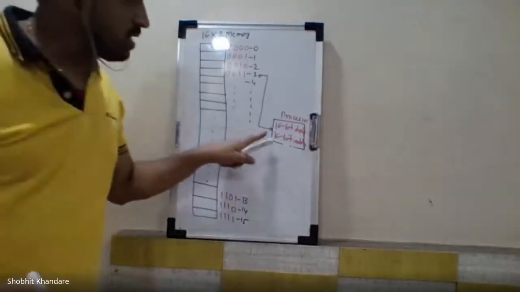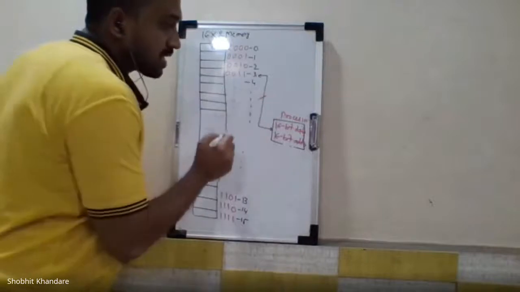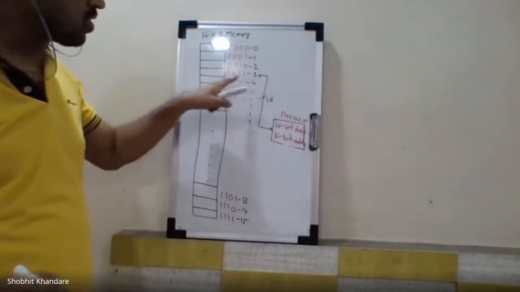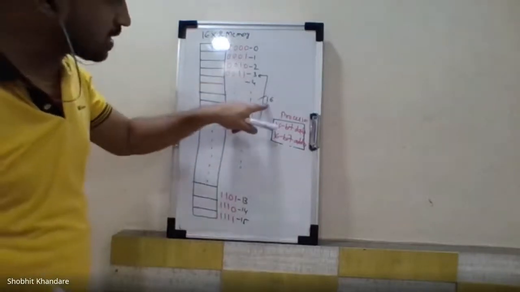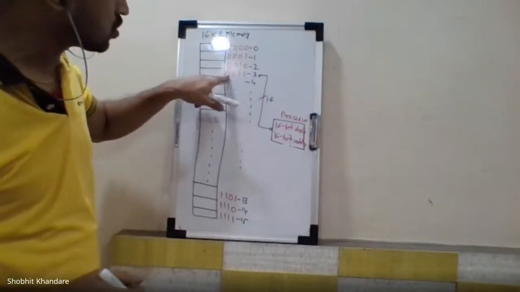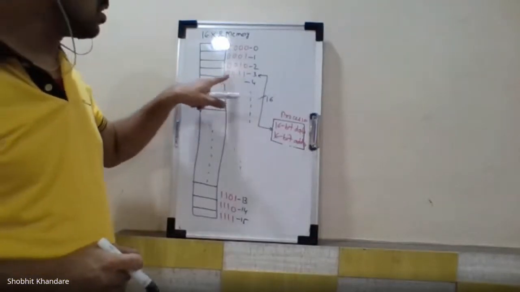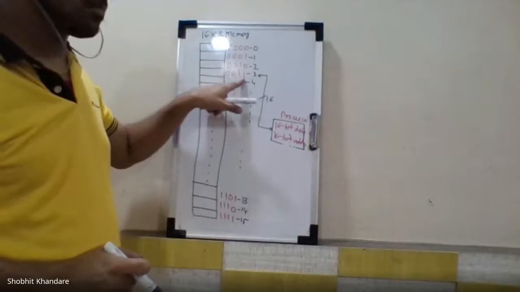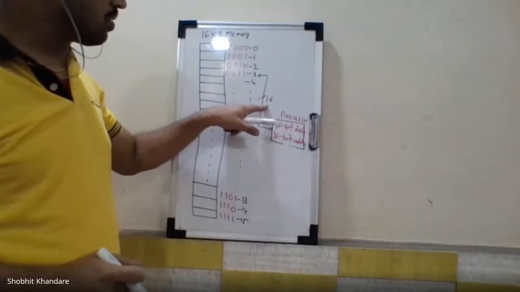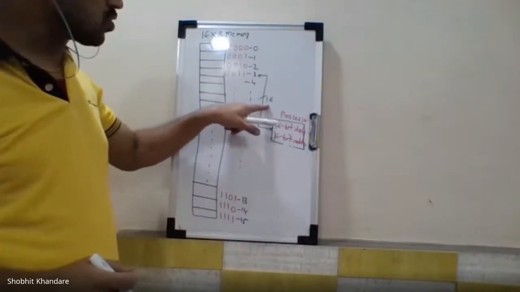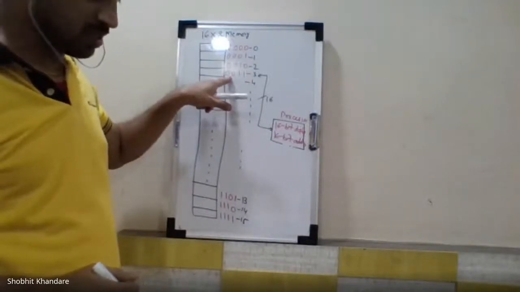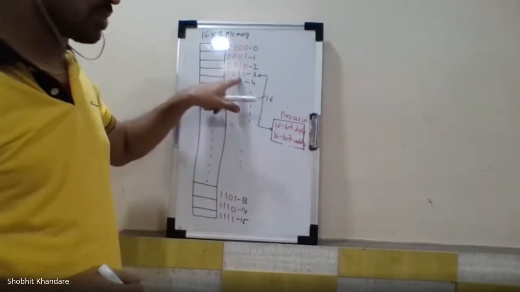The address bus size is 16. So this will generate an address on the address bus with the location 0011. The address of 3 is 0011. Using the address bus, you will be able to access this location 0011.